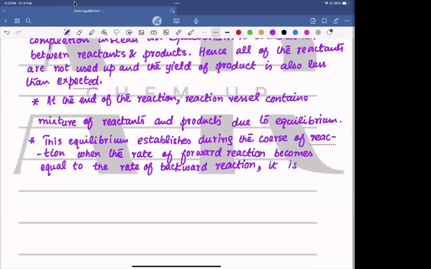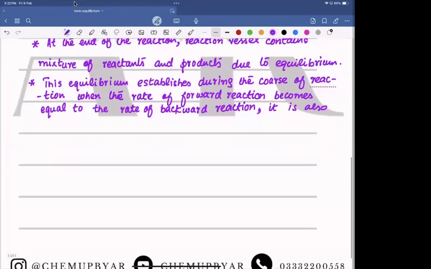It is also called dynamic equilibrium. When the forward and the backward rates become equal, there will be no change in the concentrations.